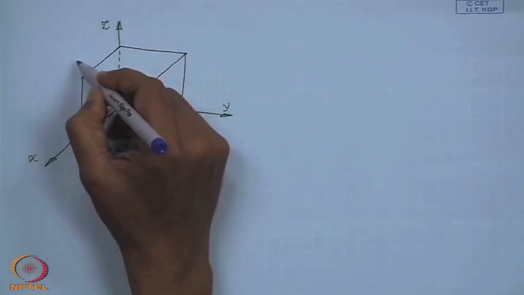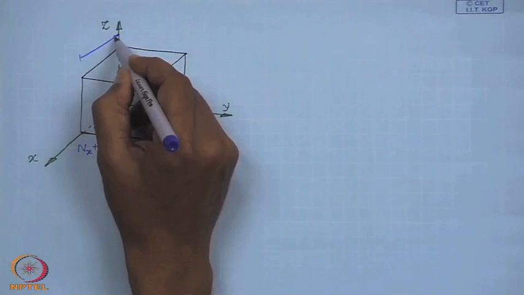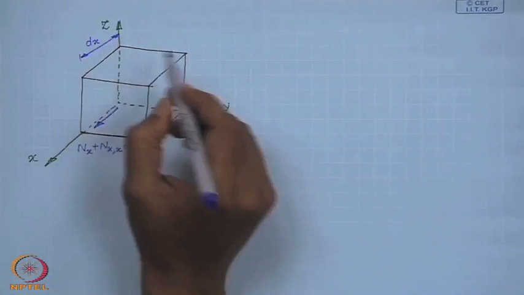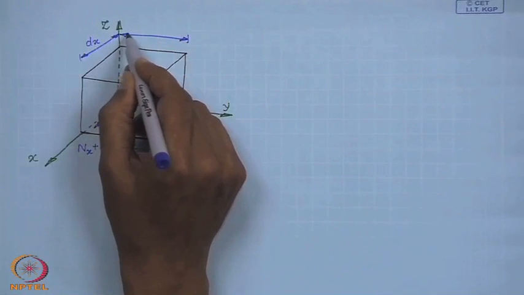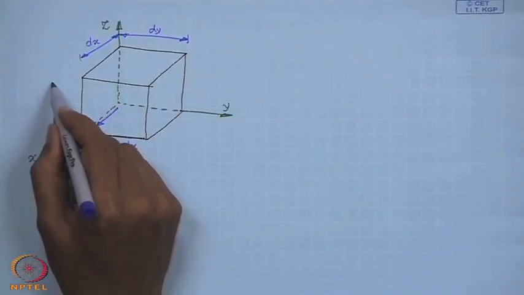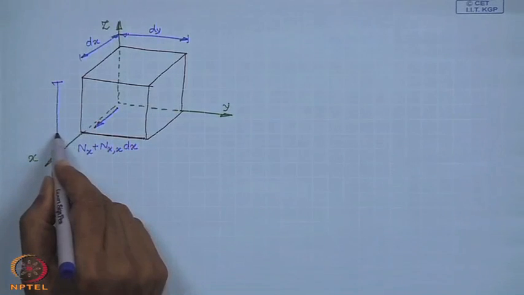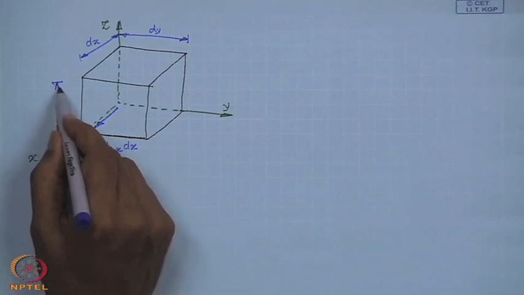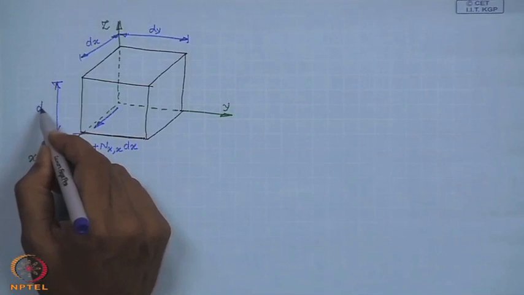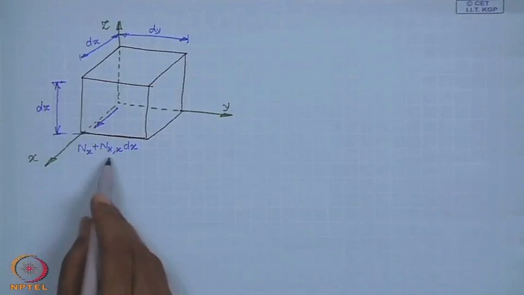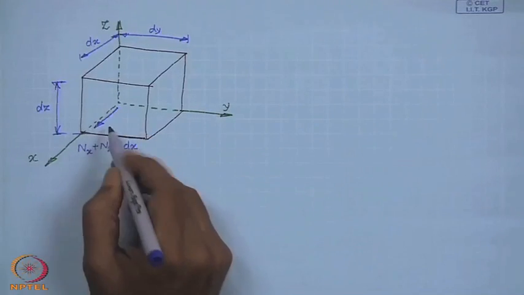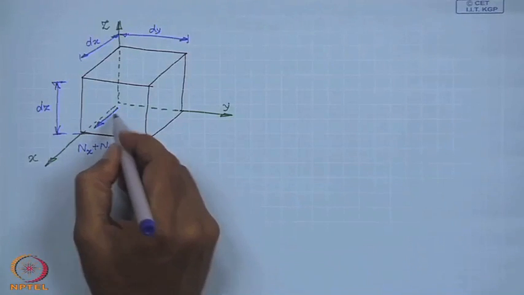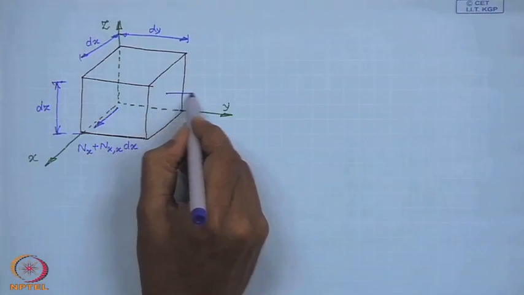This length is dx, and similarly this is dy. This is the normal stress resultant on this face.